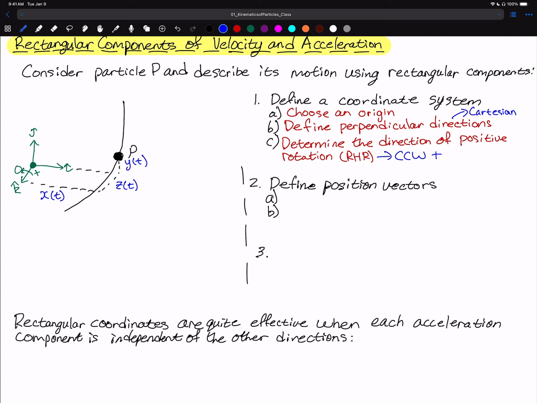Okay, the next thing is to define position vectors. To do this, we're just going to simply draw our position vector from the origin to our particle, and we'll call this r. We now need to write this out in our chosen coordinate system.